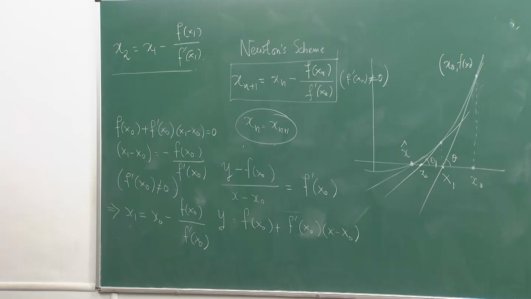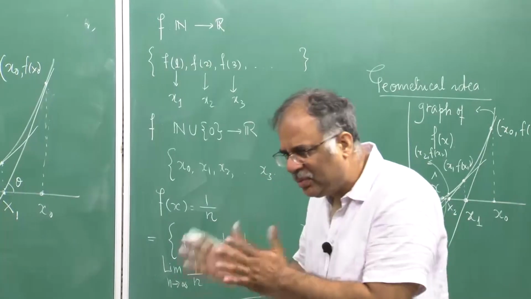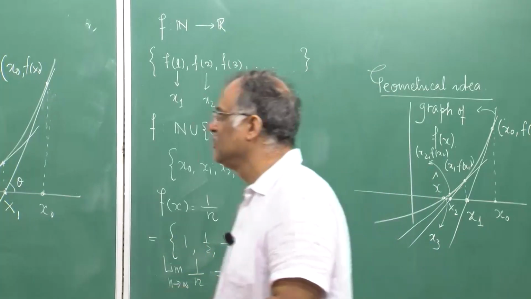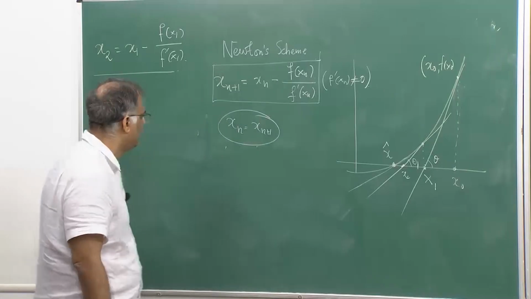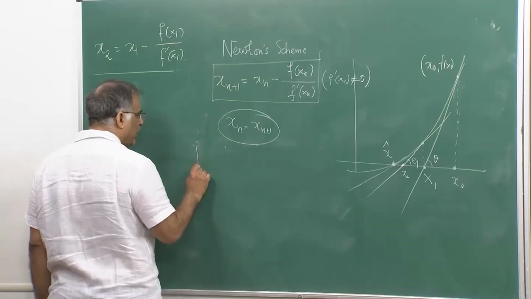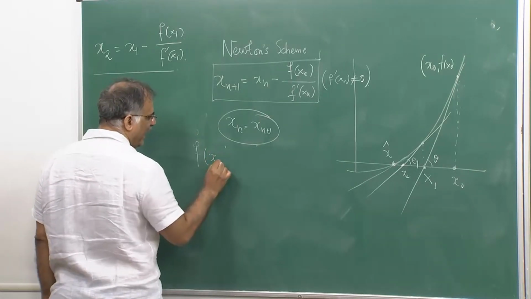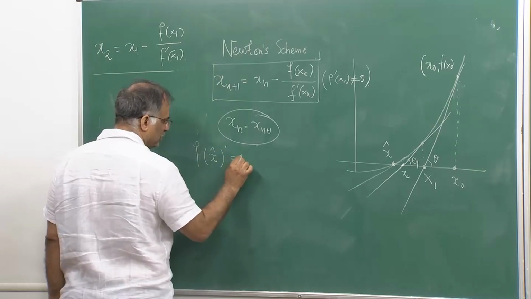When I was doing my undergraduate studies, we were told that you just keep on looking at the values of x that you generate, and once you see the values are stabilizing, the decimal part is stabilizing, stop it. That is not really a proper mathematical answer. You really have to find f of x hat equal to 0.